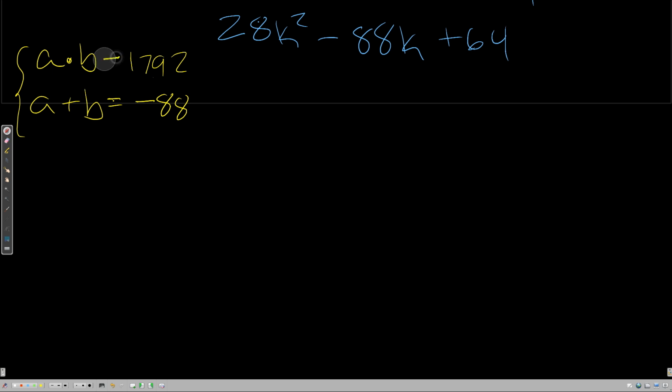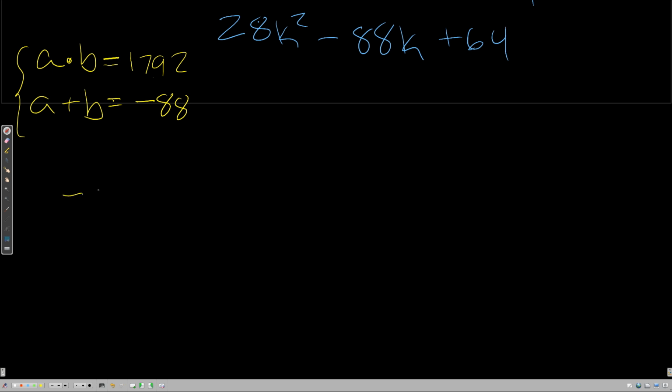I wouldn't bother trying to factor this thing all the different possible ways it could factor. There's a bunch of different ways, and it's going to be hard to keep track of them all. Instead, let's just look at the sum and talk about all the different ways we could add two numbers together and get negative 88.